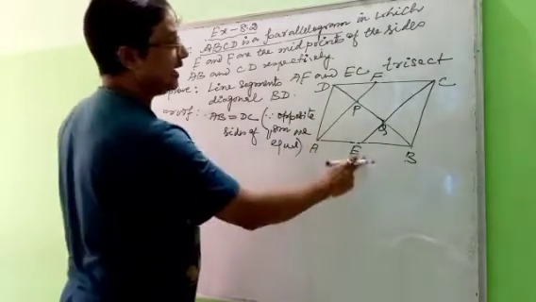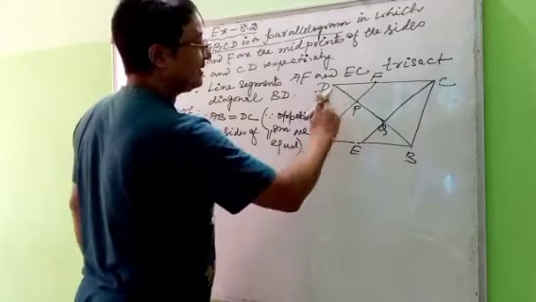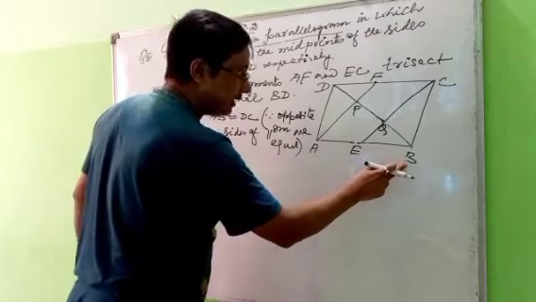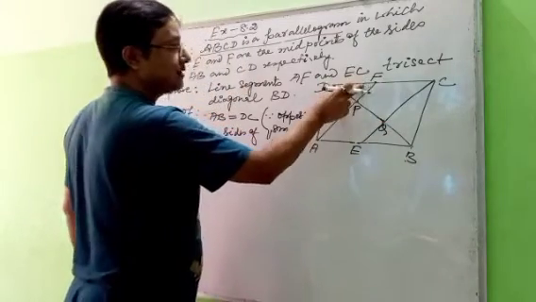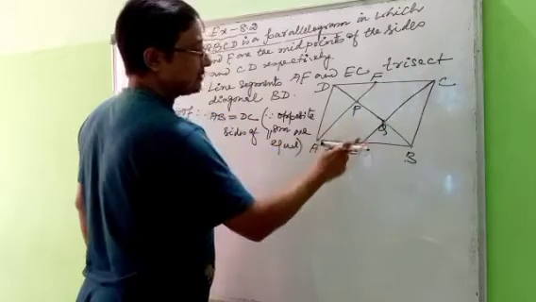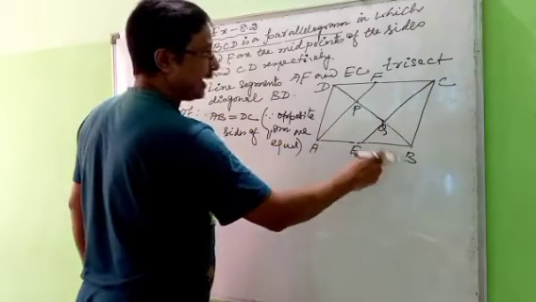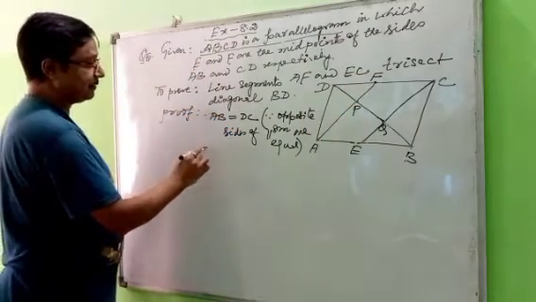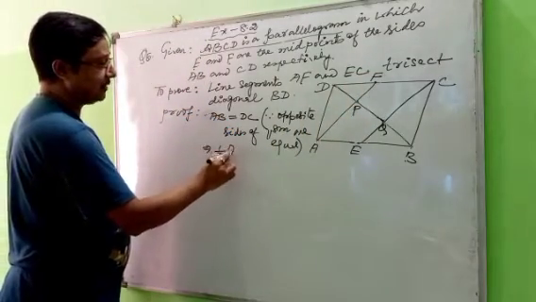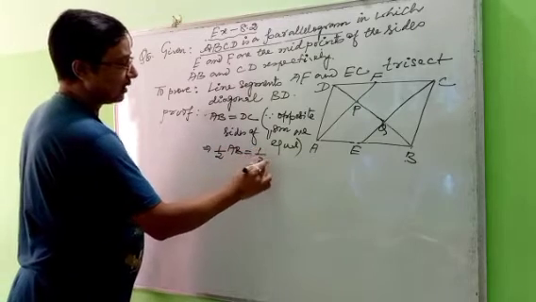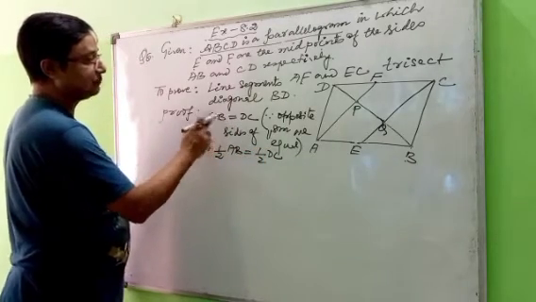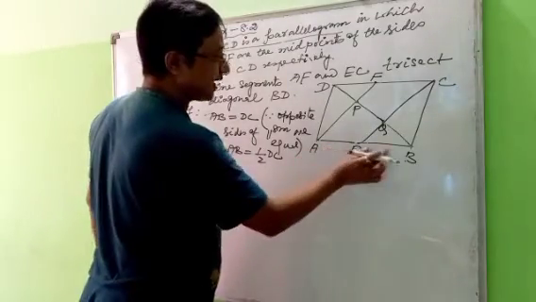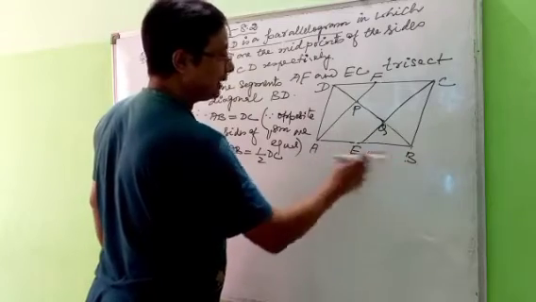Now it is given E and F are midpoints of AB and DC. So that is why AE, EB are half of AB, then CF, DF are half of CD, because E is the midpoint of AB and here F is the midpoint of DC. So now you will be dividing by 2. So half of AB equals half of DC. That means dividing both sides by 2. So these two segments are half of the whole length AB.